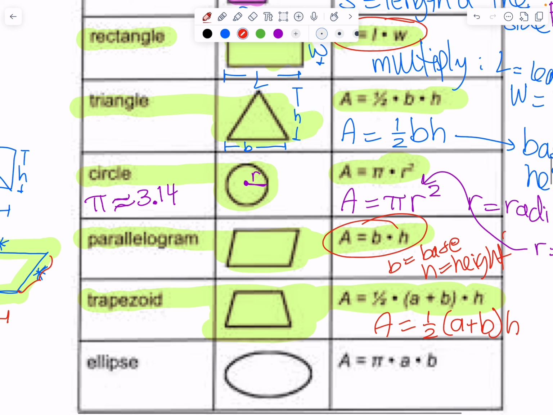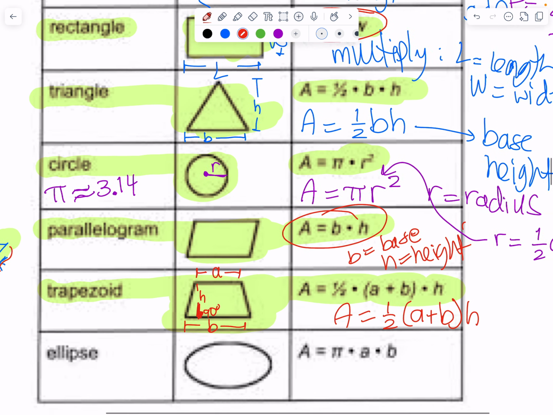A and B are the lengths of the sides that are not the same width. This here is the distance across the top, A, and the opposite distance that's parallel to it, but definitely a different distance, is B. And height has to be perpendicular, a 90-degree angle, to those sides. So this is a 90-degree angle here.